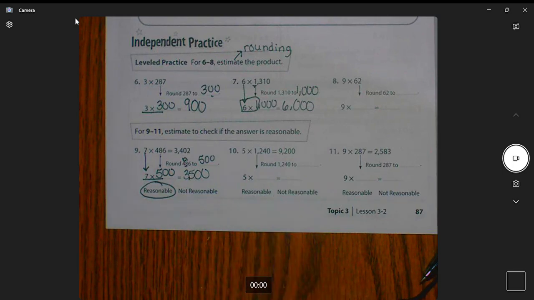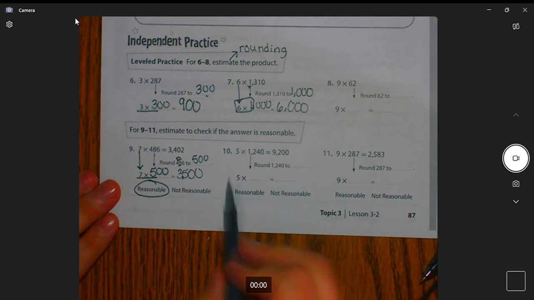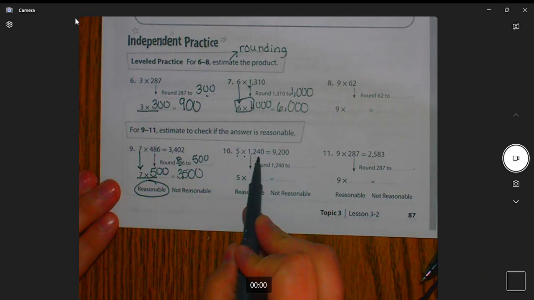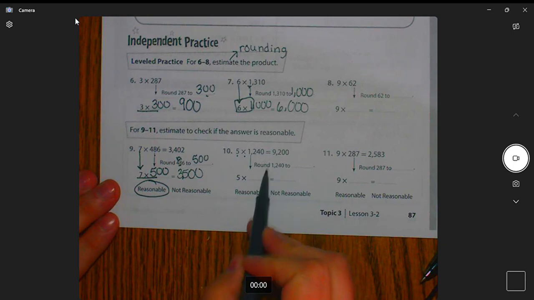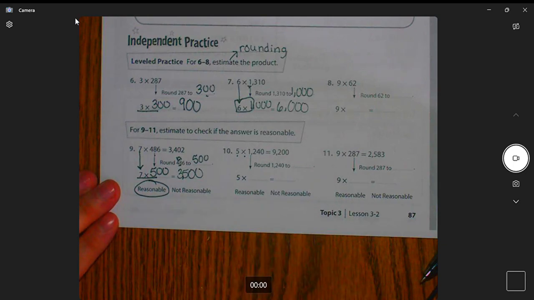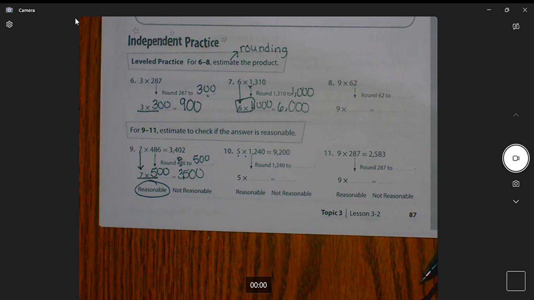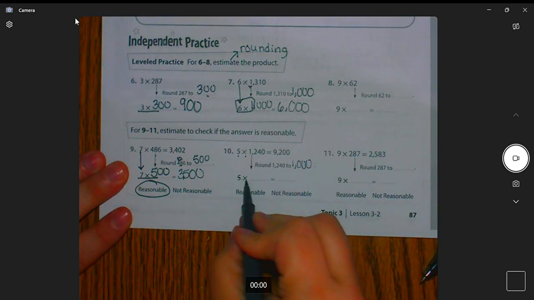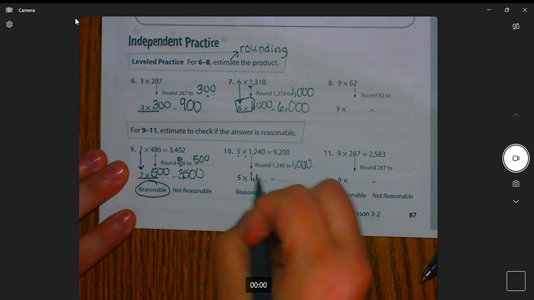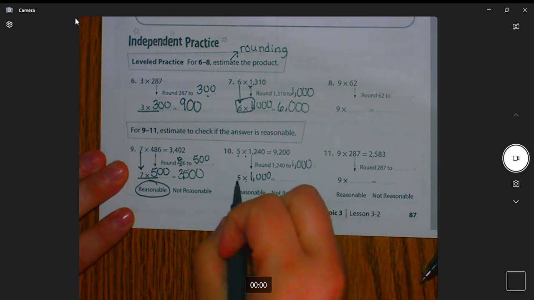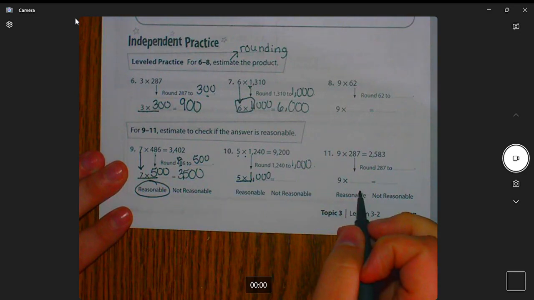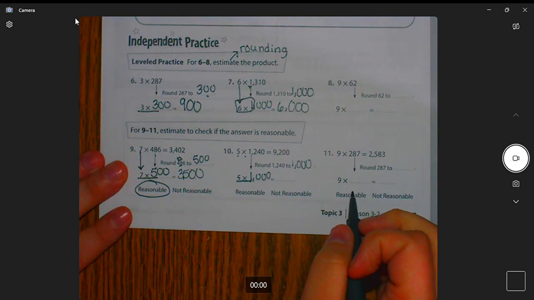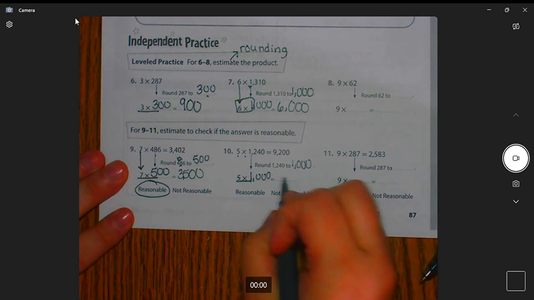Let's look at another one. 5 times 1,240 equals 9,200. What do you think I'm going to round 1,242? Right. 1,000. I'm going to round it to 1,000. So 5 times 1,000. Oh, there's my basic fact. 5 times 1. 5 times 1 is? Yeah, it's 5.